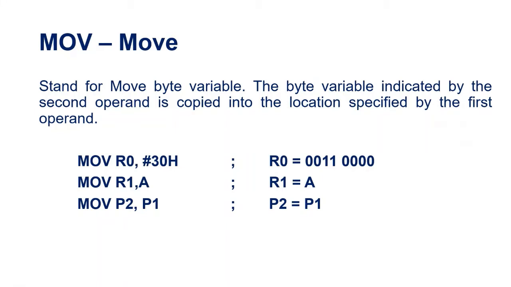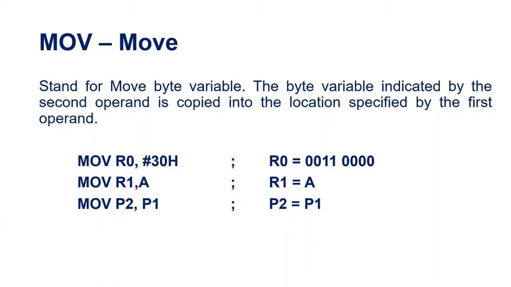So take note, meron tayong mga tinatawag na data handler kung saan kayang mag-store ng 8-bit data. Pag sinabi natin 8-bit data, ang example niyan, R0, which is a register 0, kaya niya mag-store ng 8-bit data like 0011, 0000. So this is an 8-bit binary number na kayang i-store sa mga registers na tinatawag natin.